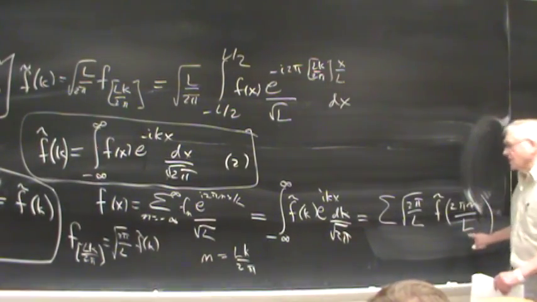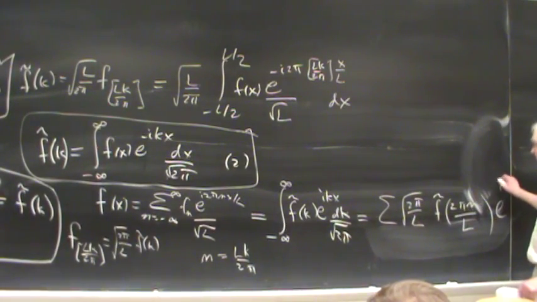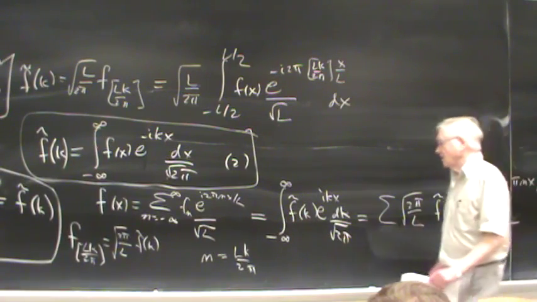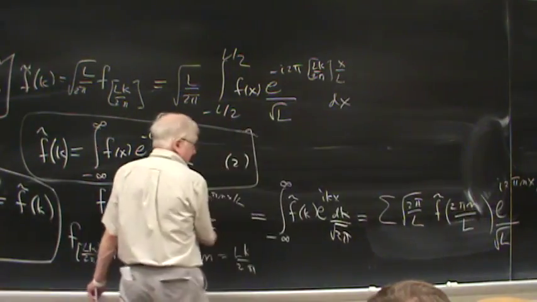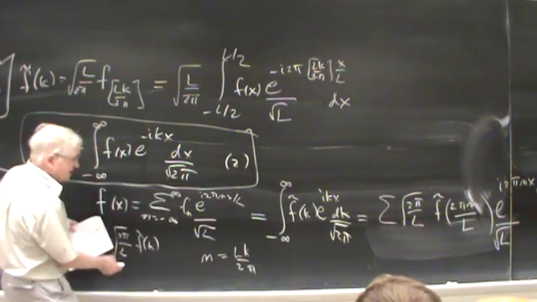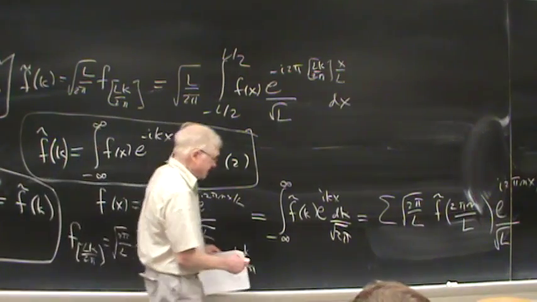So this is our series. I've got the phase factor over square root of L. F sub n is an extra square root of 2 pi over L times f tilde of k.